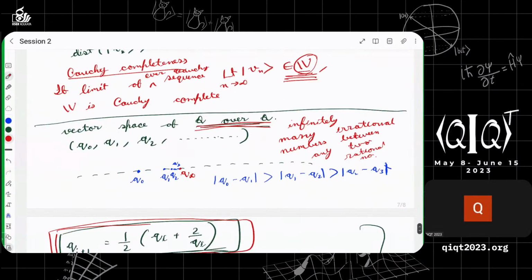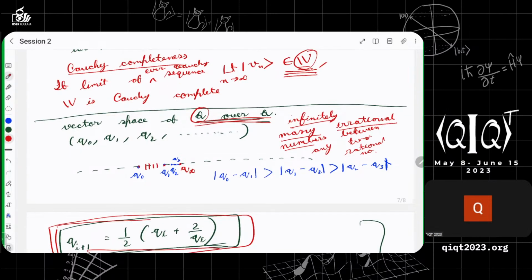The reason why there is a Cauchy sequence which does not converge in the same Q set is that the set of rational numbers has holes in it. As we mentioned, there are infinitely many irrational numbers between any two rational numbers. So between any two of these points, there are many points which are missing from the set of rational numbers.